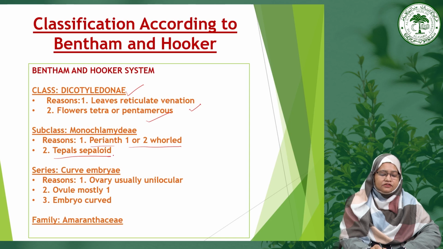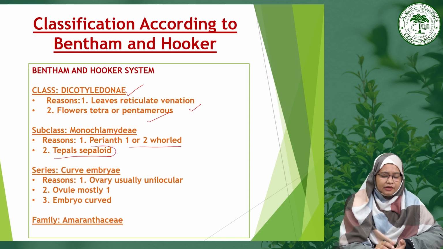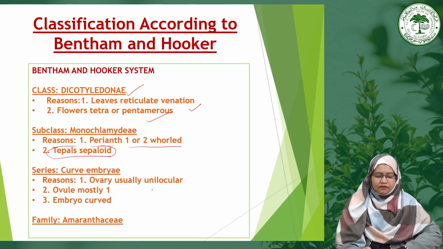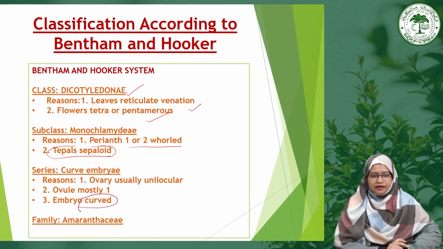Here the tepals are sepaloid, that means they generally don't have any particular color. And the series is Curvembryae. That means the ovary is usually unilocular with mostly one ovule, and the embryo here is curved. That's why this series is called Curvembryae.